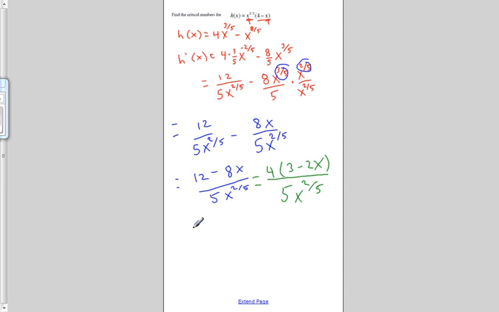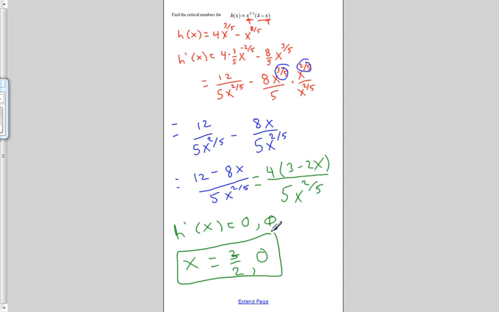And we want to know when does this equal 0. So when does h prime of x equal 0, or when is it undefined? Well, it's going to equal 0 when the numerator is 0, which happens at 3 halves. And it's going to be undefined when the denominator is 0, and that happens at x equals 0. So these would be my two critical numbers.